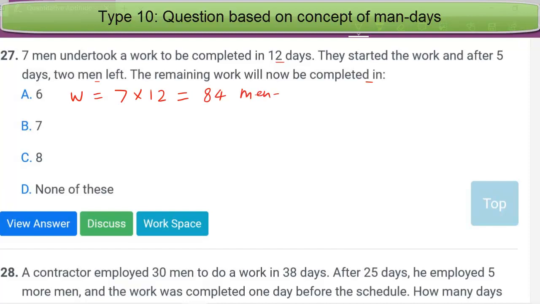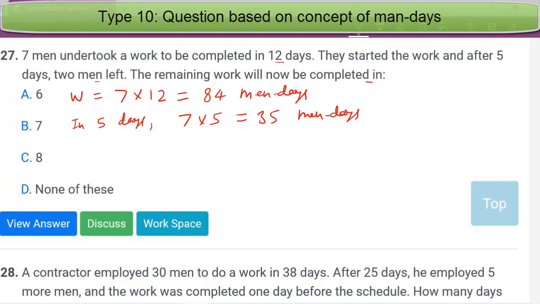They started the work with 7 men, and after 5 days, how much work was completed? We can say 7 men did 5 days, 7 multiplied by 5, that means 35 man days of work was completed. Okay, and 2 men left, so only 5 men are remaining.